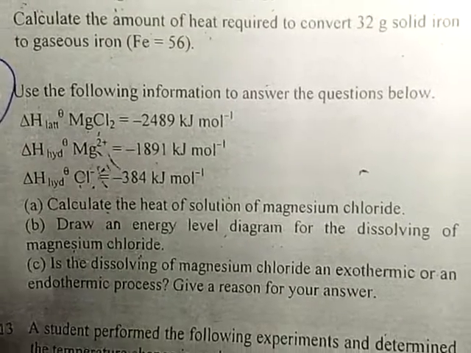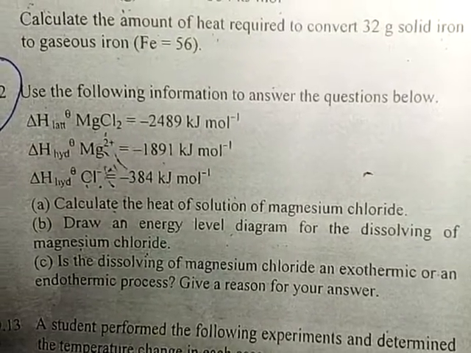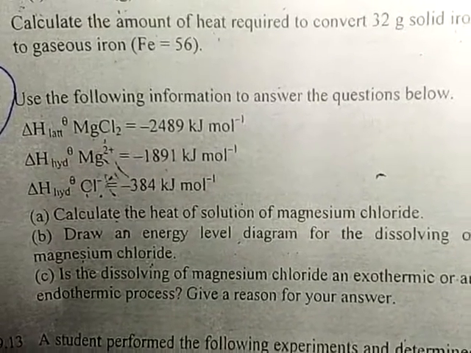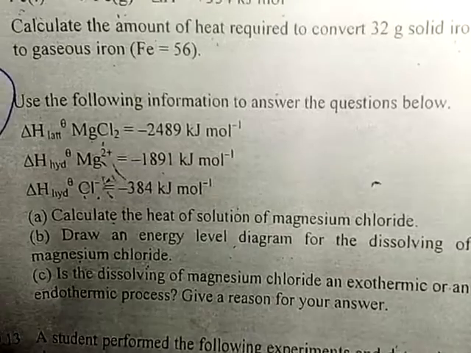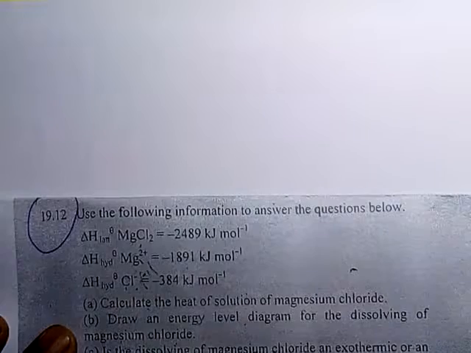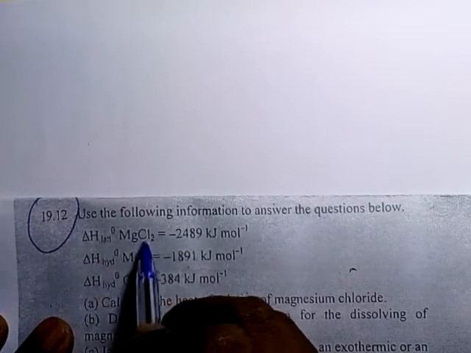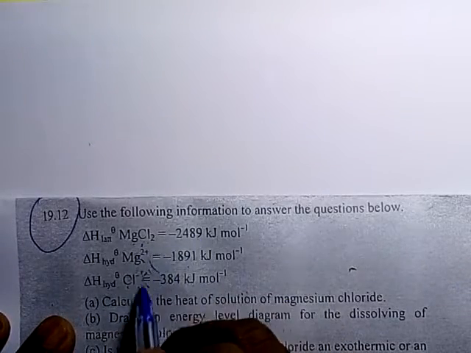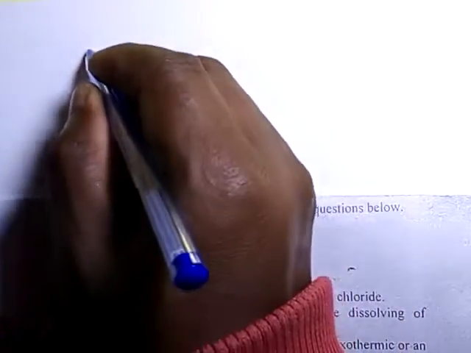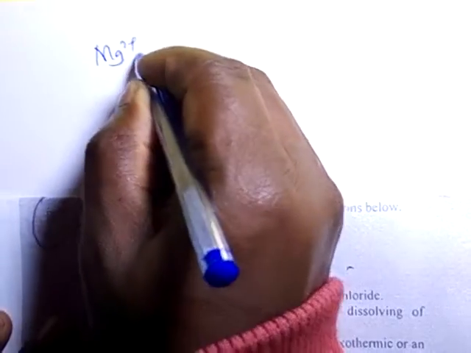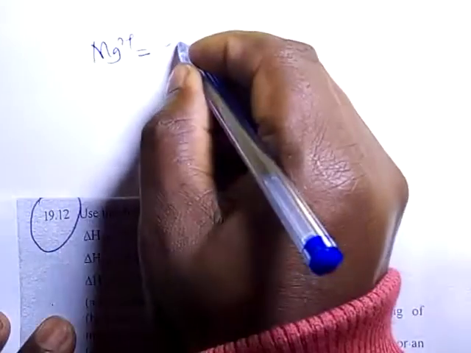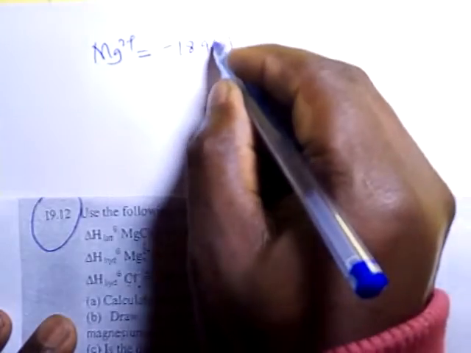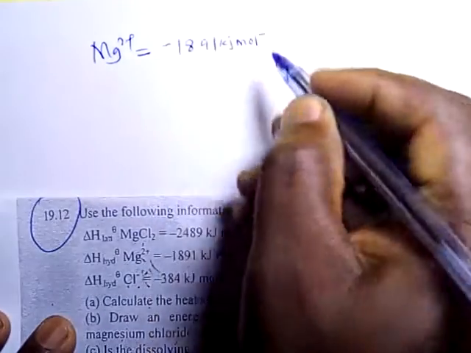This is the final question I want us to answer, and by doing this, I think you must have seen how these things are done. The lattice of magnesium chloride is negative. First let us calculate the total hydration energy. Magnesium 2 positive alone has negative 1891 kilojoules per mole.